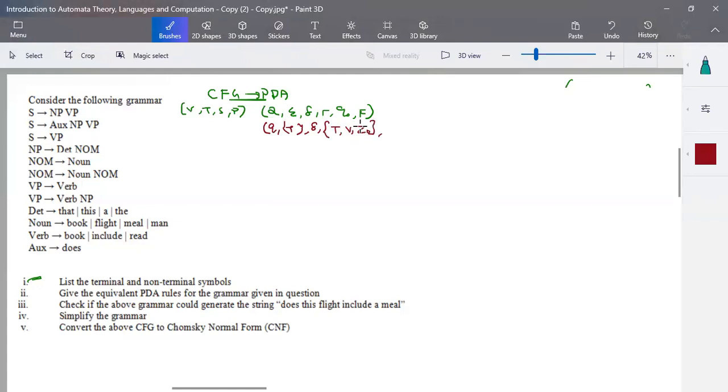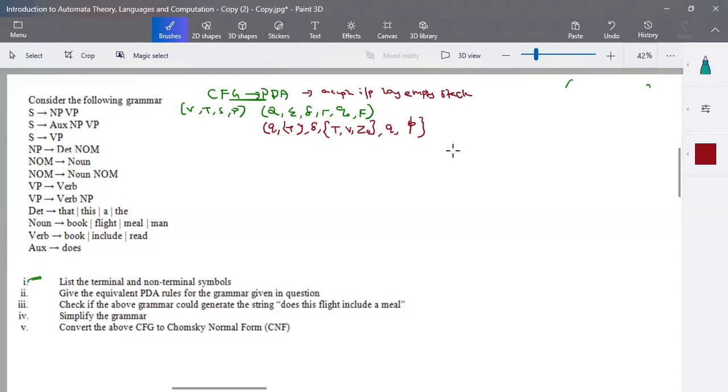These are all the possible elements that the stack can hold. And we have only one state, right? That will be the starting state. And here we are going to design a push-down automaton accepting input by empty stack condition. So you don't have any final state here. So this is the tuple notation for the push-down automaton that we are going to define.